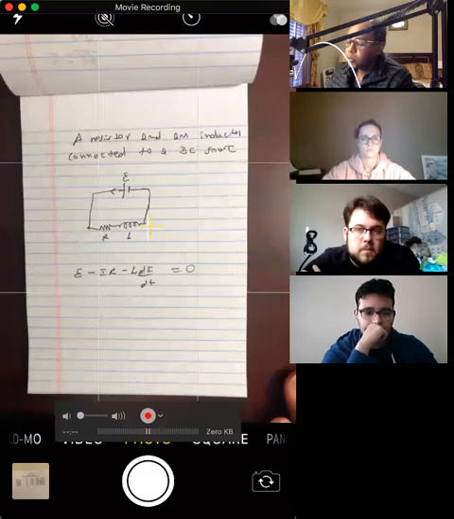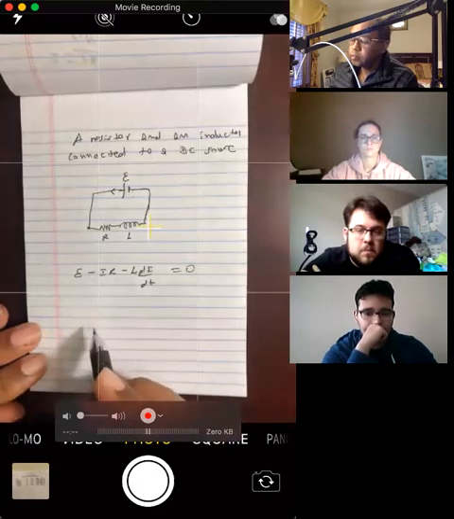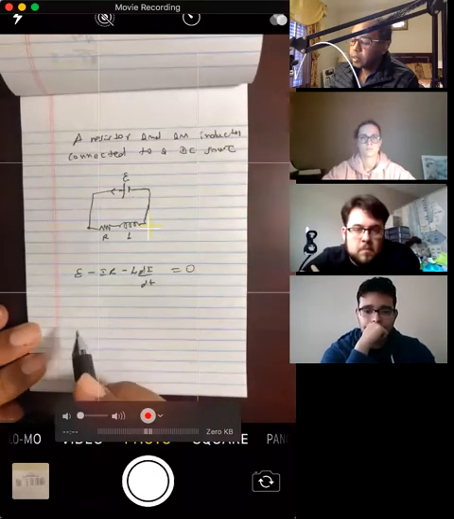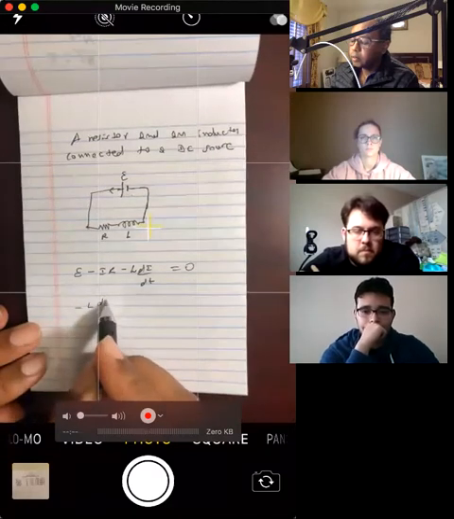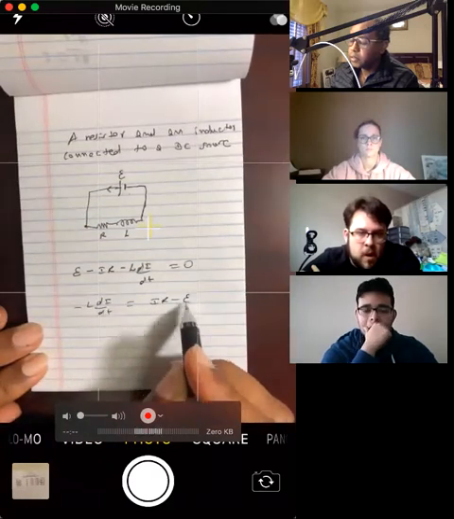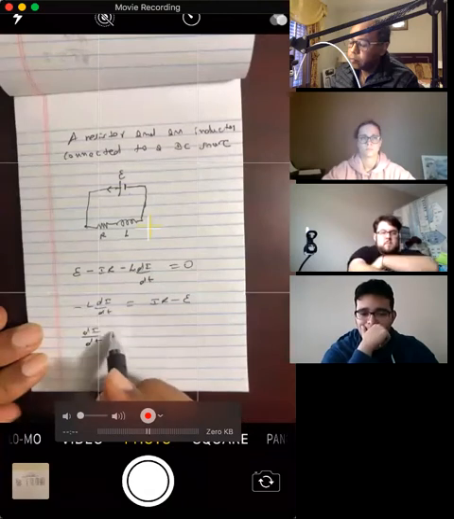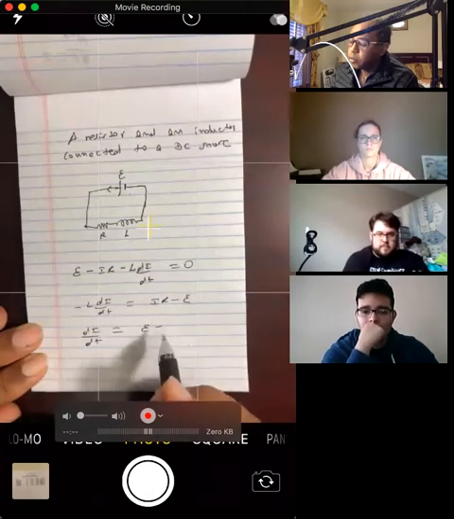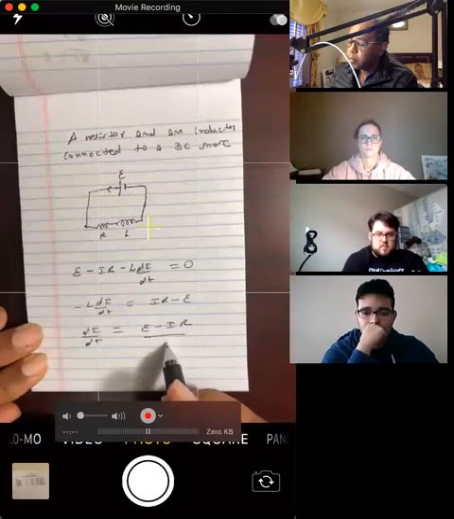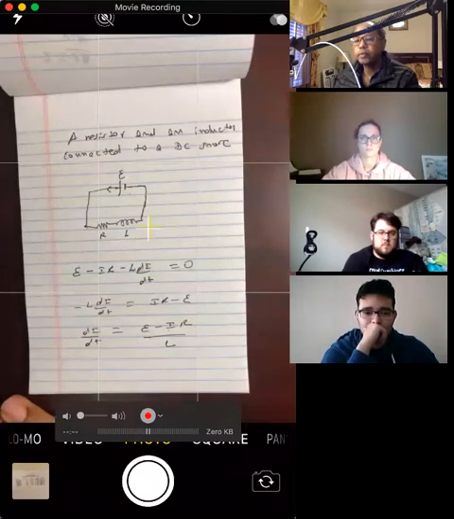Well, the first thing we need to do is separate the variables. So let's take this to the other side. We've got L di by dt equals E minus IR, or di by dt equals E minus IR, divided by L. Now if I bring this term to this side and the time term to the other side, that will separate the variables and then I can do the integral.